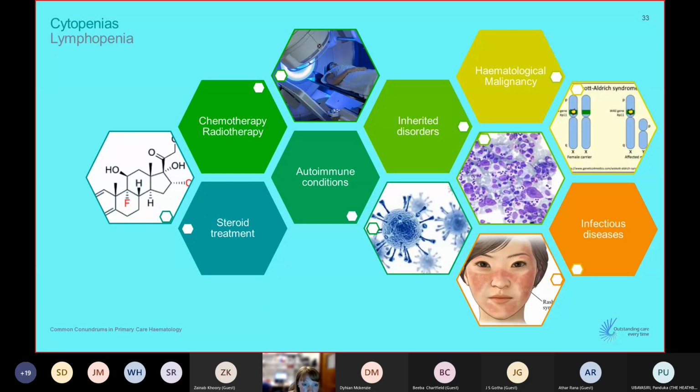Chemotherapies and radiotherapies can also be associated with lymphopenia. And chronic inflammatory conditions, these can be autoimmune or chronic infections. There are some rarer inherited disorders that cause lymphopenia, such as Wiskott-Aldrich syndrome, and hematological malignancy can be associated, so always just review symptoms and for any other hematological abnormality.